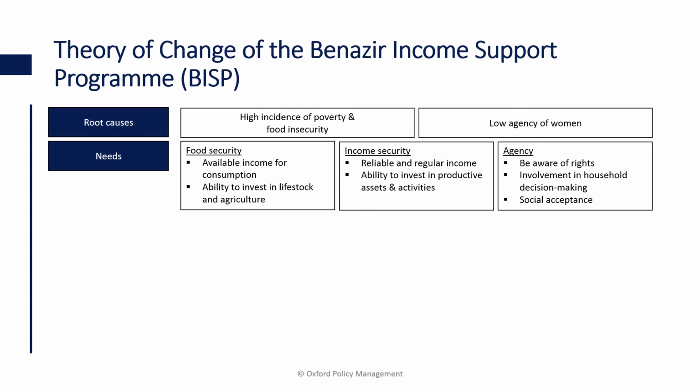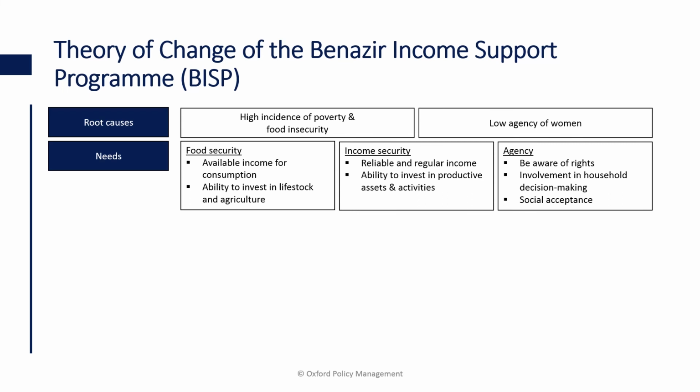But at this point of time, I would also like to highlight a discussion that is going on in Pakistan, and I would like you to think on that. There are two opinions on the BISP. The one is that BISP is a consumption smoothing program and not a poverty reduction program. Why do you think so? We would leave it to you.